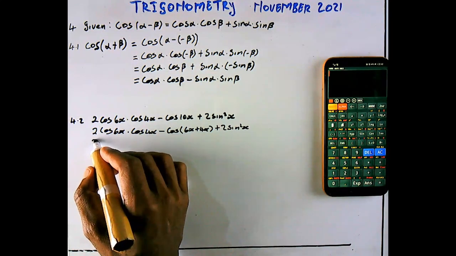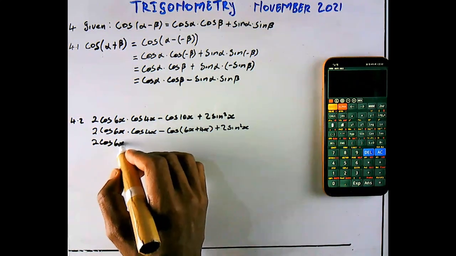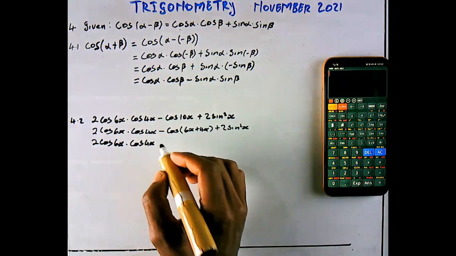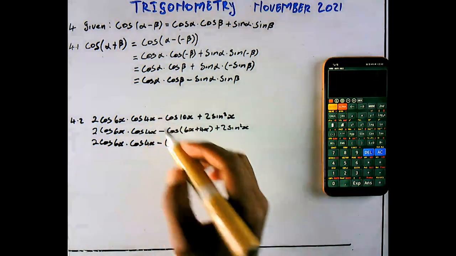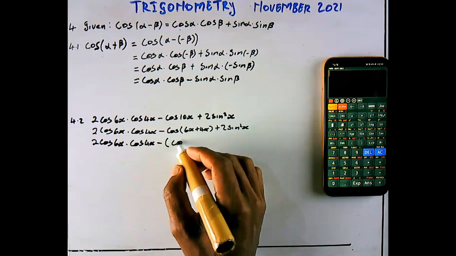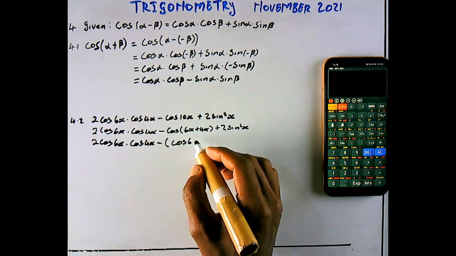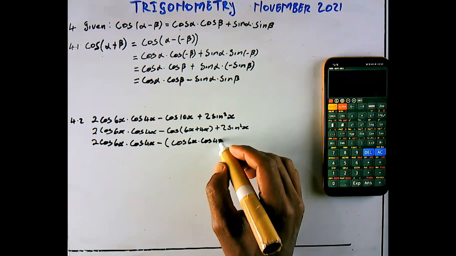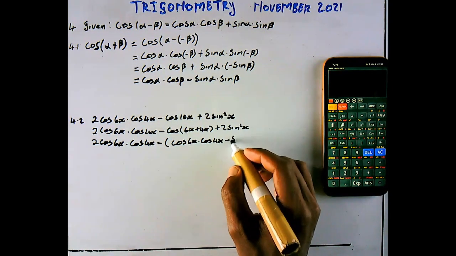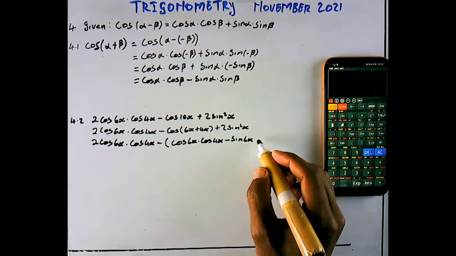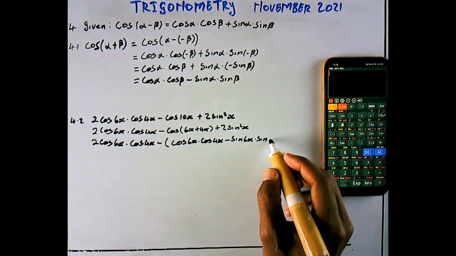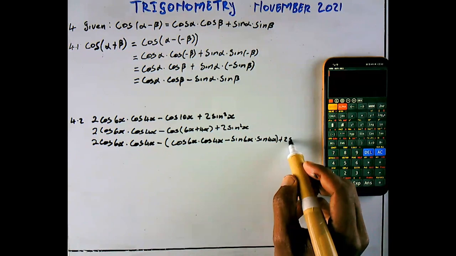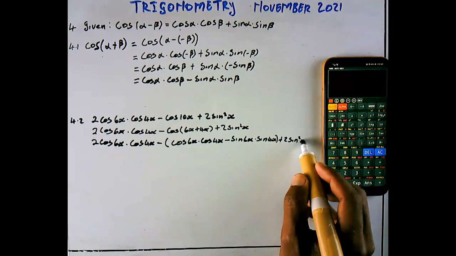So here we are going to have 2 cos 6x cos 4x minus, then we write this like the formula here: cos 6x multiplied by cos 4x minus sine 6x multiplied by sine 4x, plus 2 sine squared x.